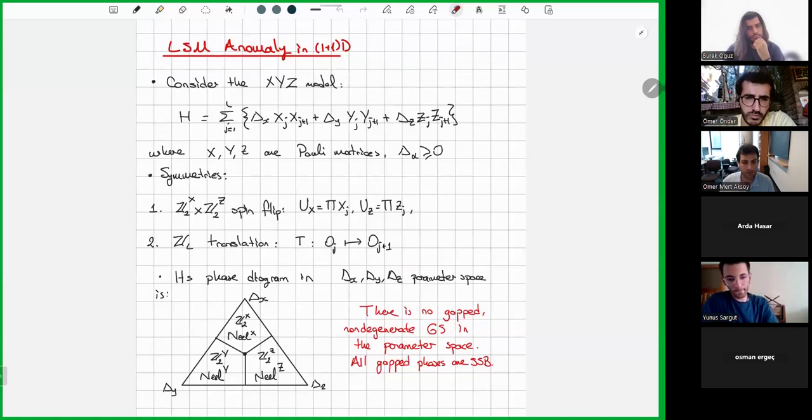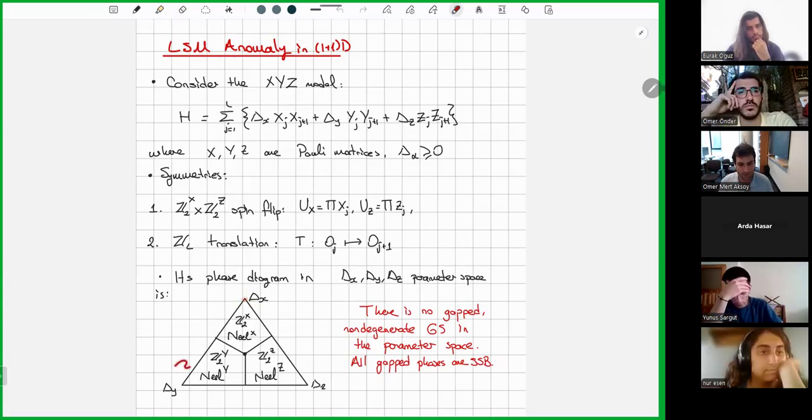Now, if you look at the phase diagram of this model, it's not very hard to construct it. I choose some parameter space such that the directions where you go to the tips are when delta x, delta y, delta z are the largest. So here you can imagine this as the point where delta y and delta z are 0 and delta x is non-zero.